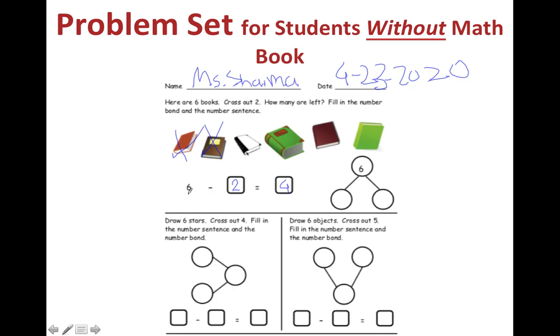So I know 6 minus 2 equals 4, or another way to say it is 6 take away 2 is 4. So I know I took 2 away, and the way I would show 2 take away is I could cross 2 off, and the other part would be 4.